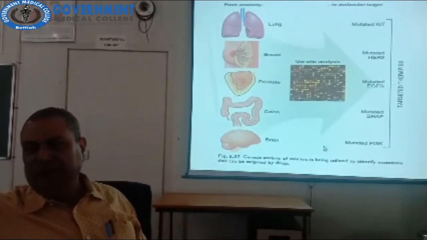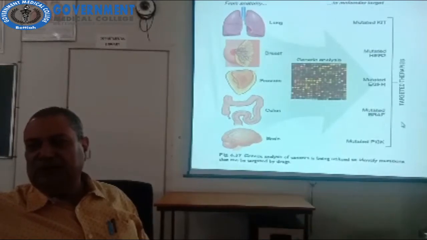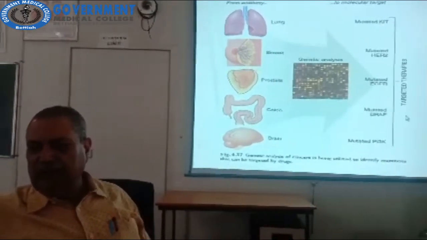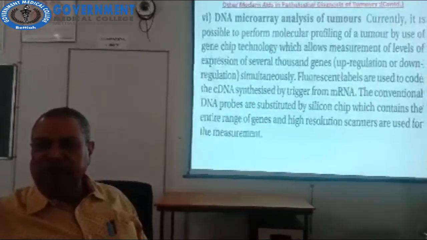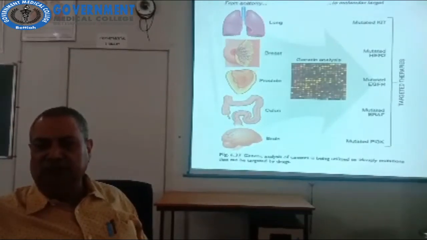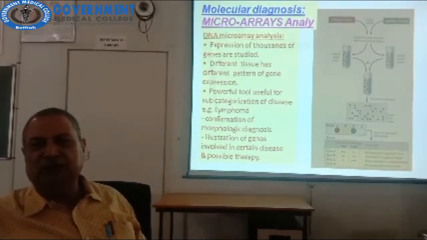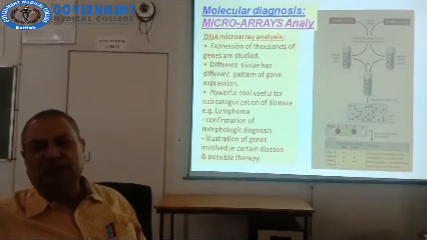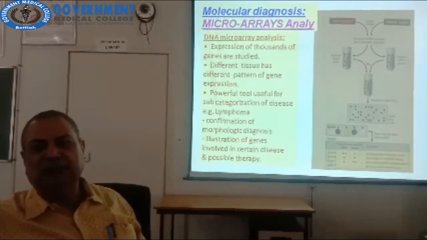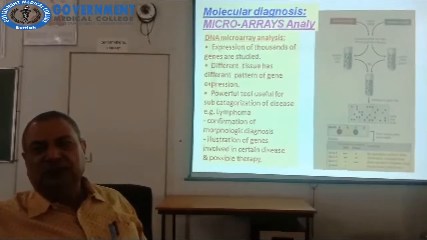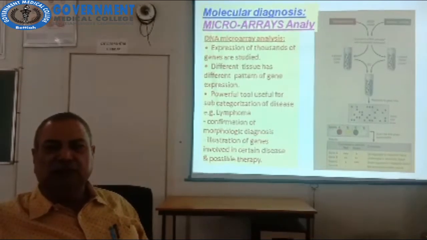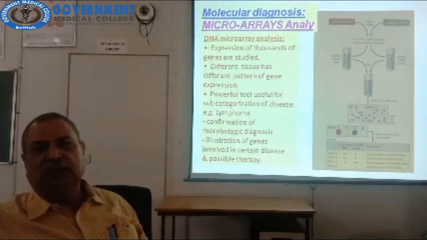So these are the various targeted therapies, and it is used for gene chip technology, microarray. Thousands of genes are analyzed at the same time. Expression of thousands of genes is studied.